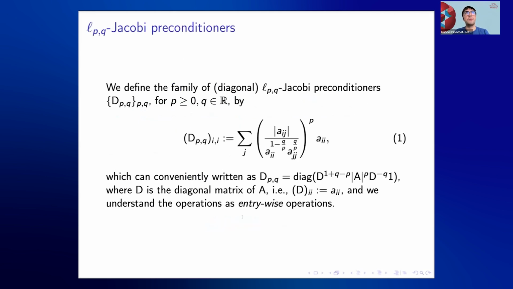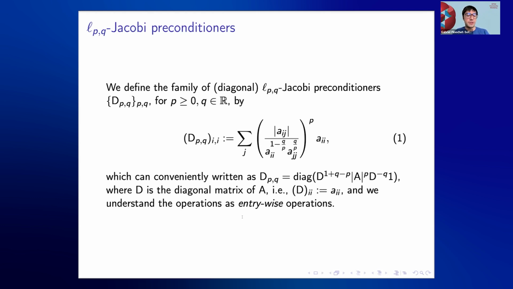So Sania had this idea of trying to precondition systems with a generalization of the Jacobi preconditioner. We know, and I'll show you in a second, that L1 Jacobi smoothers are nice. They are simple to compute, they are convergent, they yield good results, and they are diagonal, so they are easy to apply.